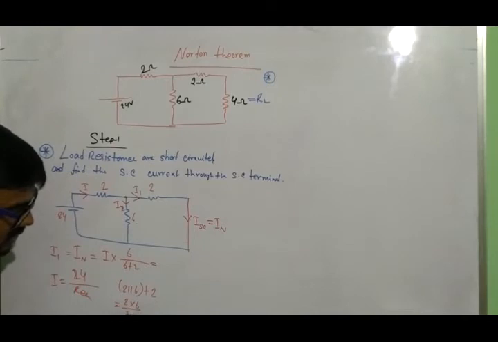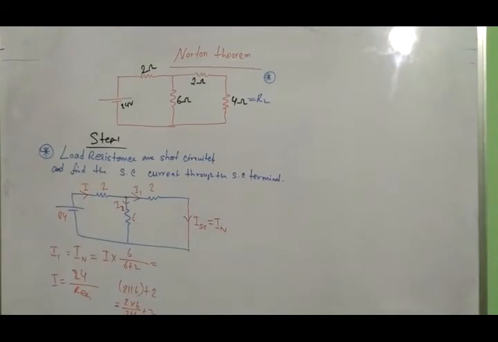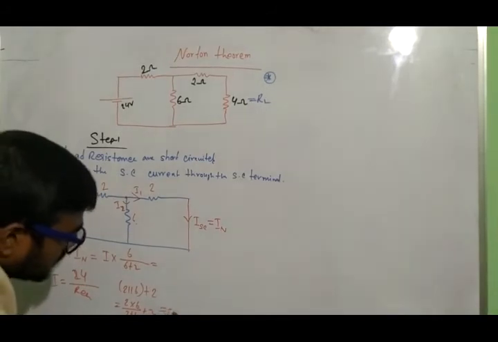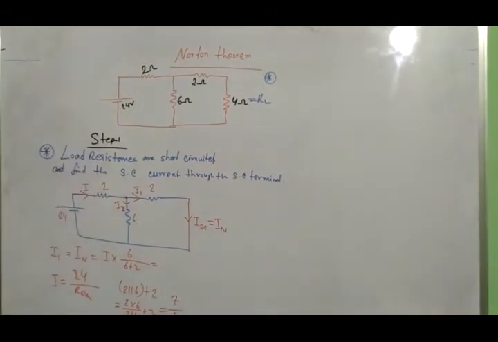So 2 into 6 by 2 plus 6, plus 2. What is the value? 7 by 2. So I equals 24 into 2 by 7, which is 48 by 7.